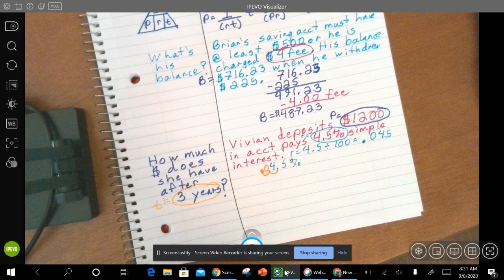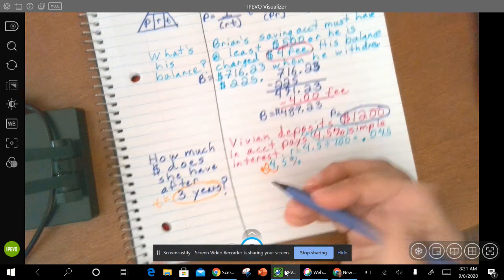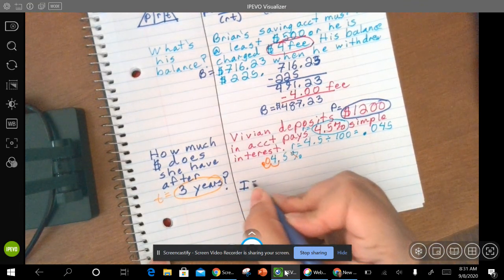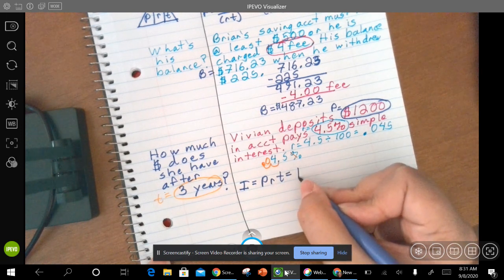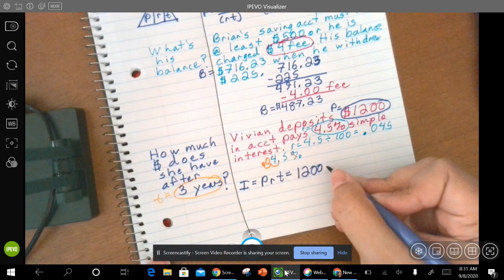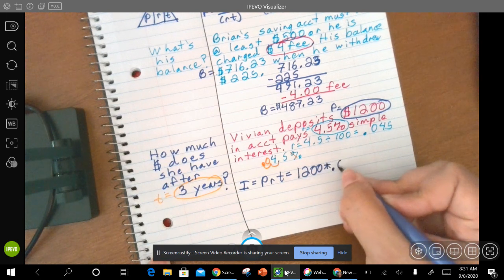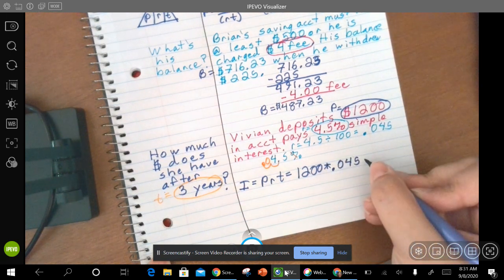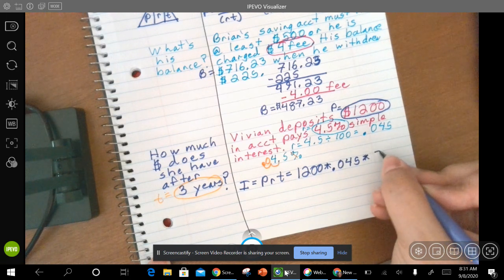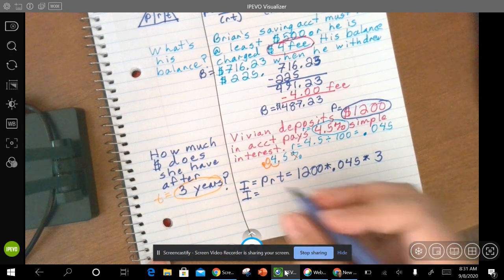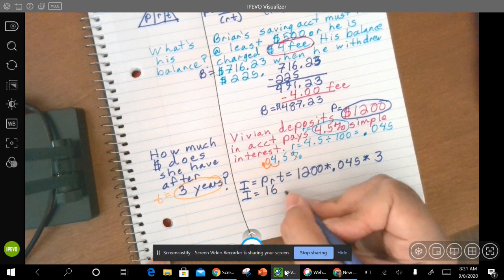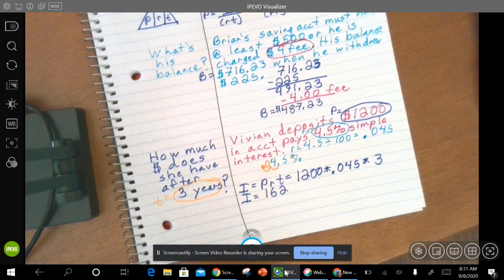Let's substitute into our formula. Interest is equal to principal times rate times time, so 1,200 times 0.045, the rate as a decimal, times 3. We multiply that all together and get $162. That's how much interest Vivian earned.